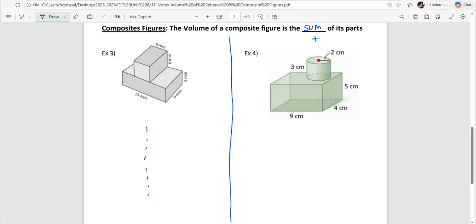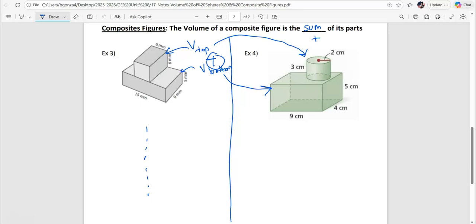We had to find the parts and then add them together. That's what we're going to do, okay? So you take the volume of the top, you take the volume of the bottom, and you add them up. Same thing over here. Top plus bottom, add up the two pieces, you get the whole thing.